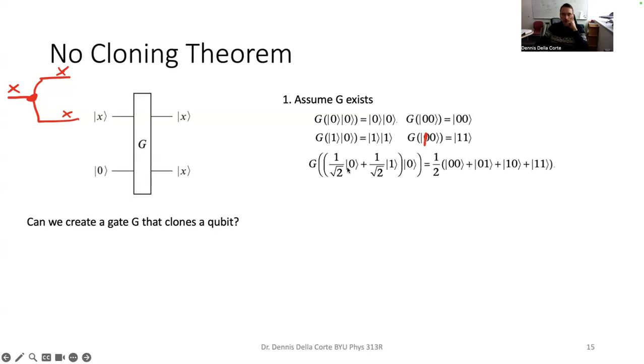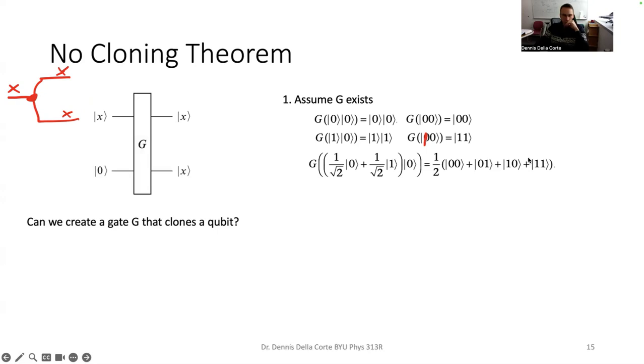So if that's the case, then thirdly, what we should be able to do is take a vector in a superposition of both states and throw it through here. And if we put this qubit in superposition up here, we should be able to get something.